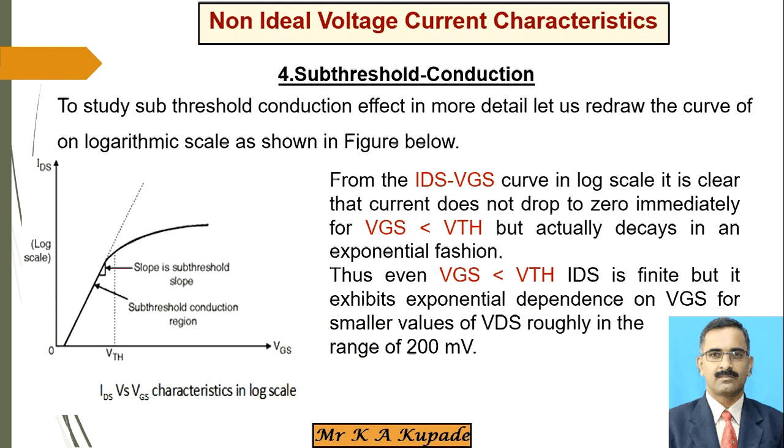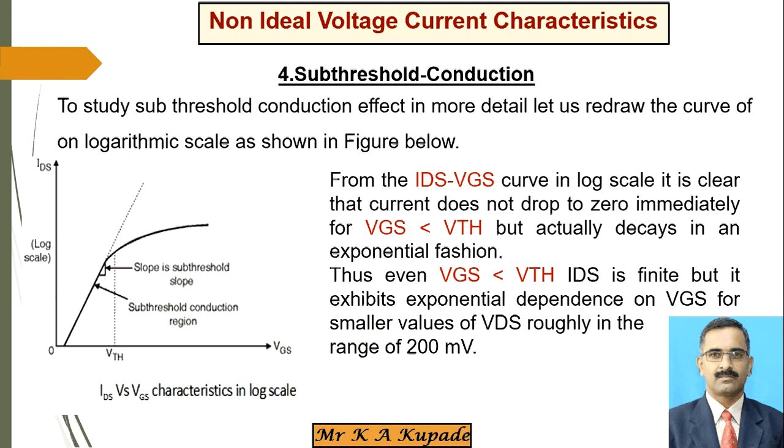Some IDS is flowing in that region for smaller values of VGS, right? That is shown here.